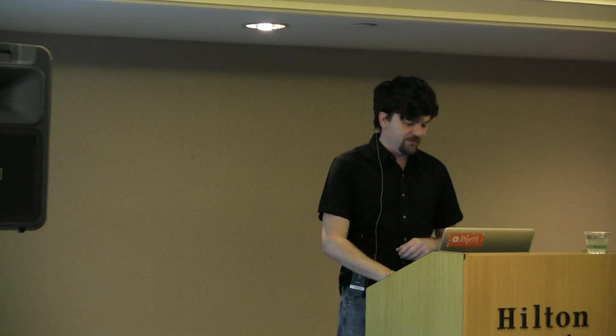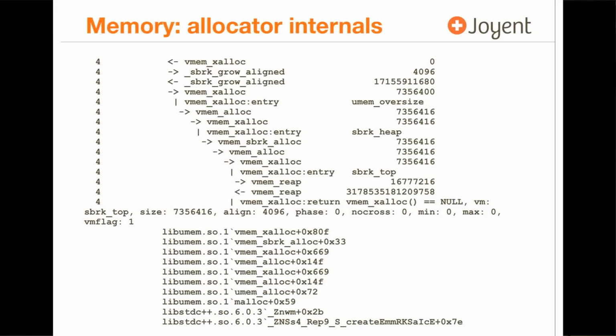Tracing frequent things does come at some overhead, and these were very frequent allocs. So I would often trace for 1 second or 10 seconds only and then get enough data to go and analyze. But it was casting rays of light into what was a black box. That's just like some of the output I was digging over where I was doing a DTrace flow indent, looking inside libumem.